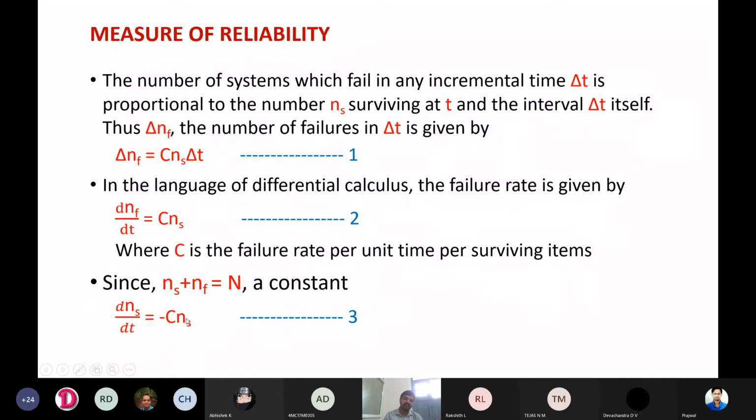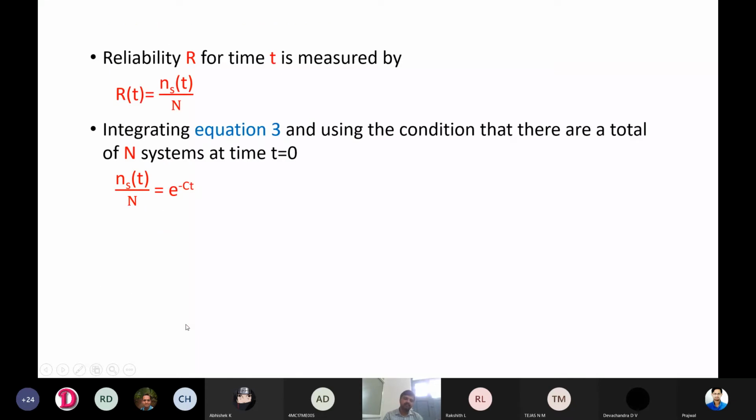Next, if you equate these two equations, R(t) is equal to N_s(t) by N, which is equal to e to the power minus ct. C is the failure rate and t is the time. So, considering these two equations, you can write R(t) is equal to e to the power minus ct.